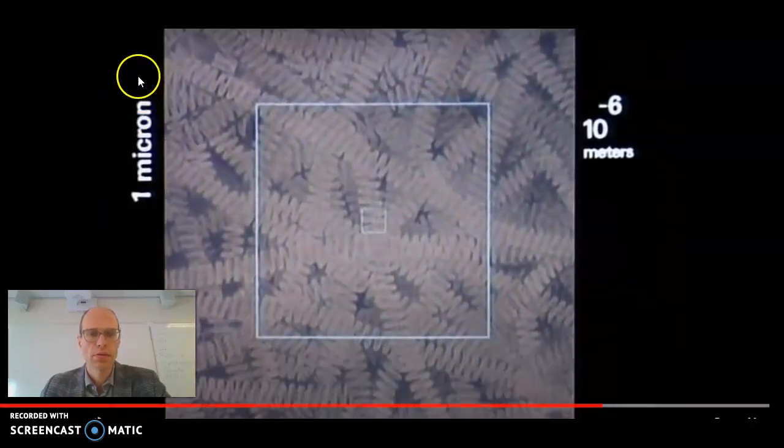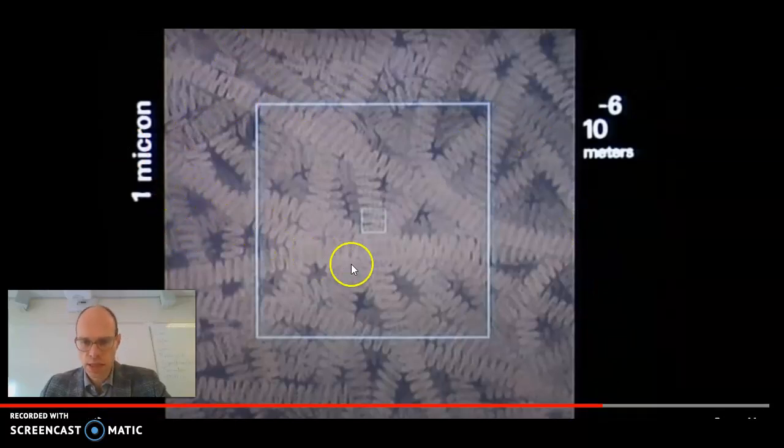Okay, and right now you can see the big part is 1 micron, a millionth of a meter, and you can see the DNA, and the DNA is one of the biggest molecules we have. And that molecule, if we change it, we change the DNA, we change the hereditary information of that man.